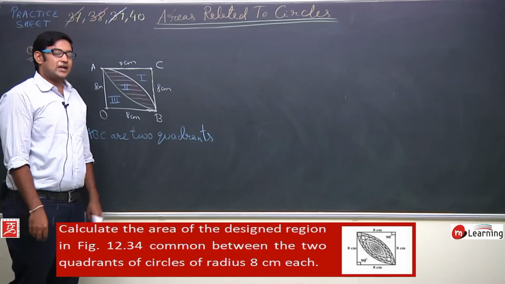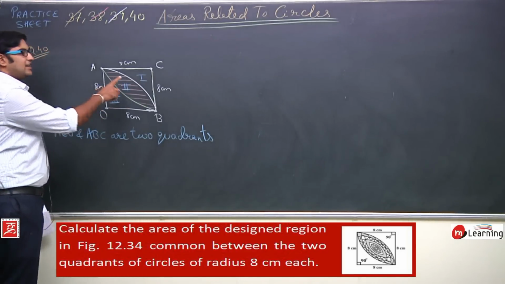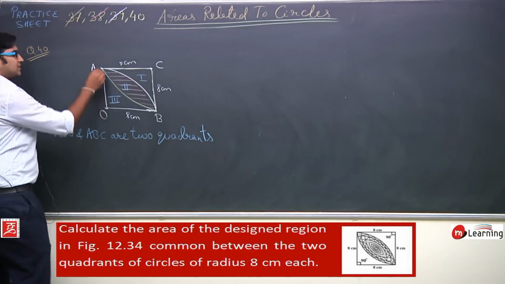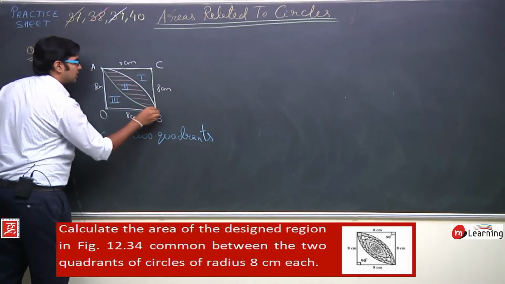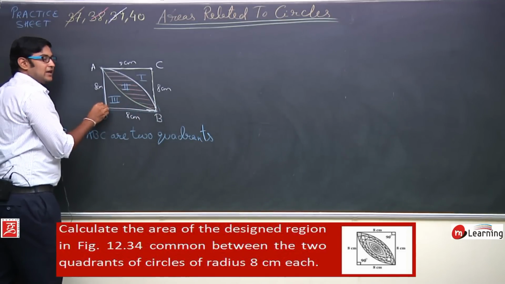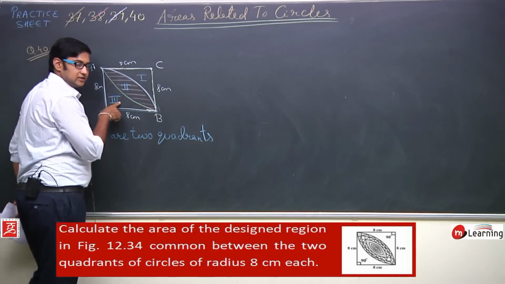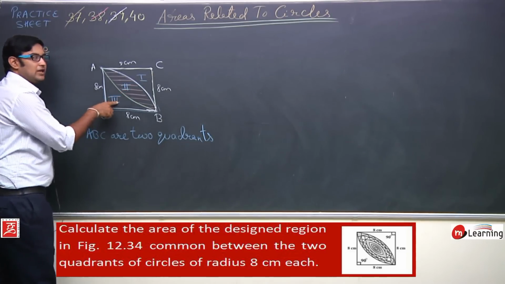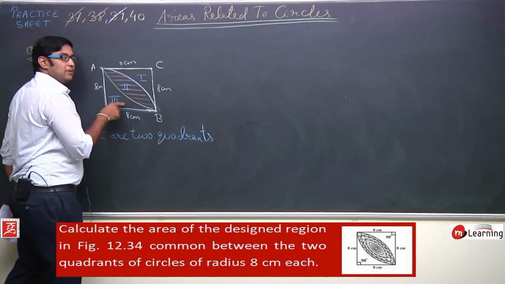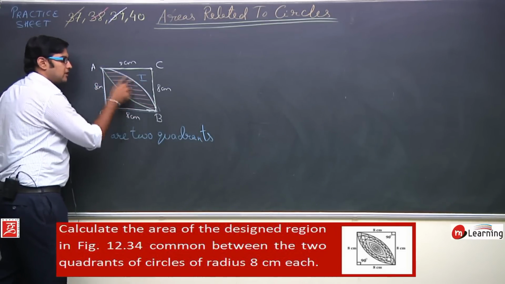Now for that, I need to consider any one quadrant. For example, if I consider this AOB quadrant, in it I can calculate the area of region 2 plus the area of region 3. I can very easily calculate the area of region 2 plus region 3 using quadrant AOB.